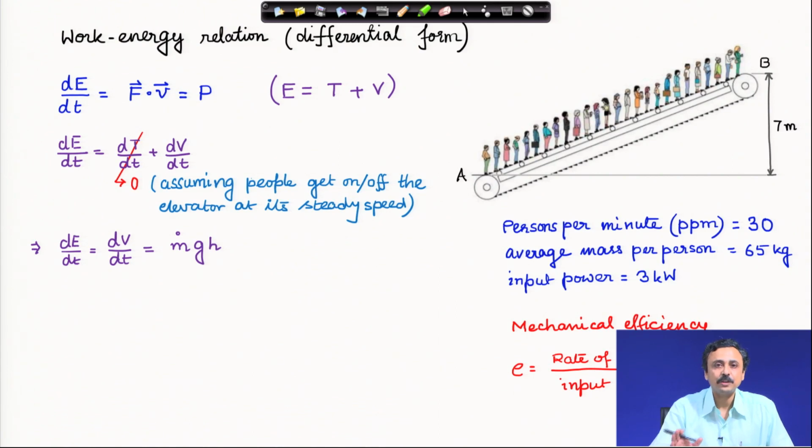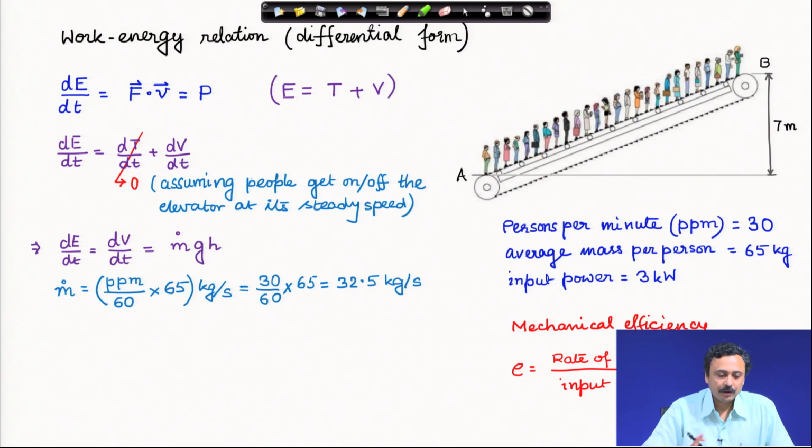Mass is coming in and going out, there is a mass influx and efflux, and for that, dV/dt, that means the rate of change of potential energy, is m dot, the rate at which people are being transported to this height h, times g h.